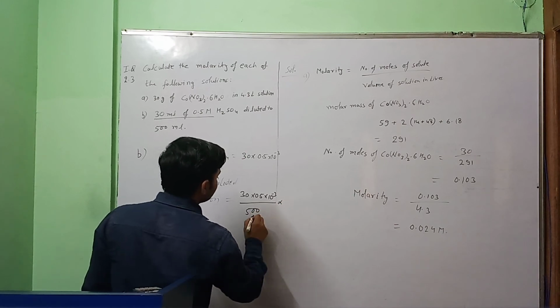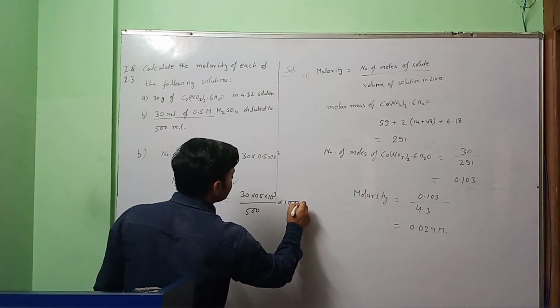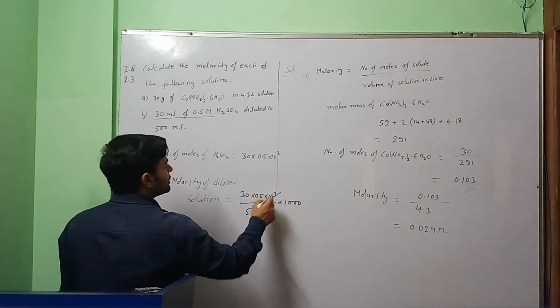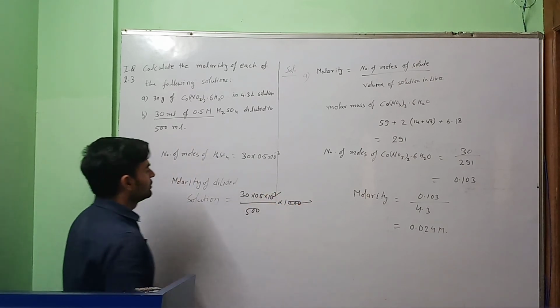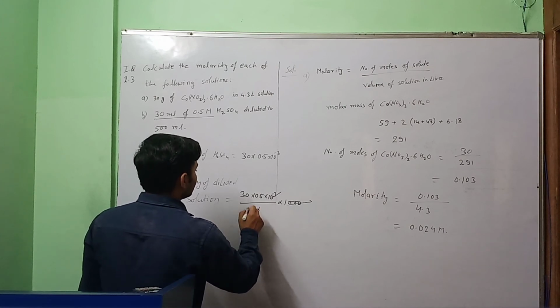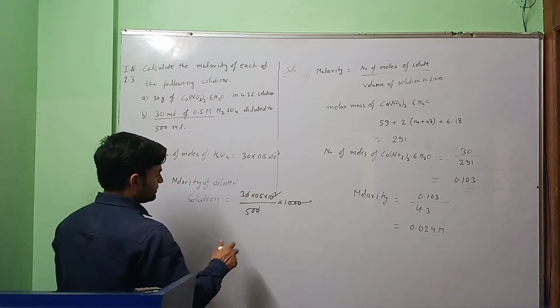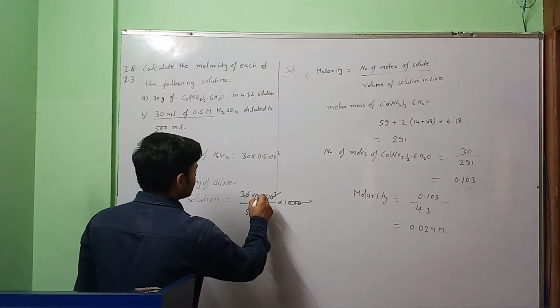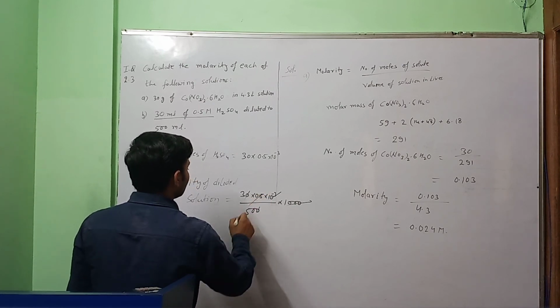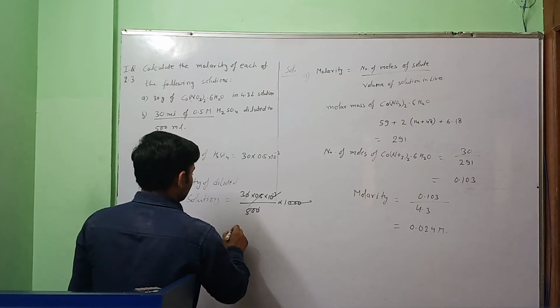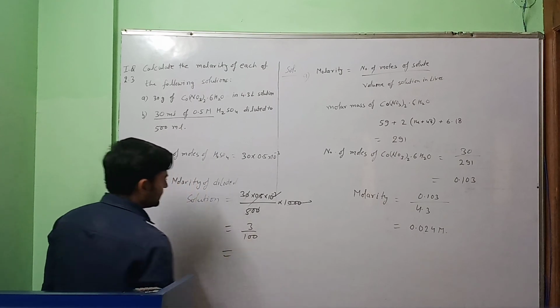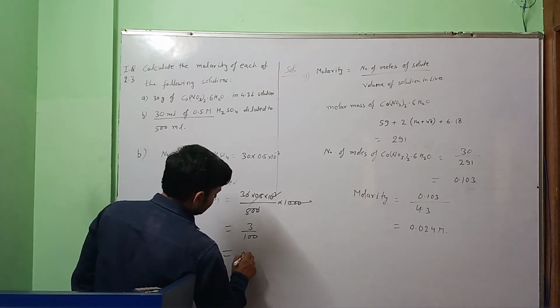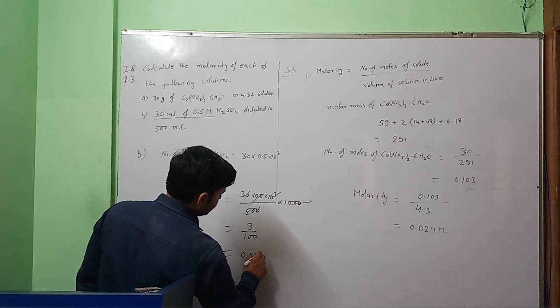So we have to convert it into liters; we will multiply by 1000. So this 10 to the power minus 3 and 10 to the power 3 cancel. We can also cancel this 0. Then we get 3 upon 100, and the final answer will be 0.03 M.